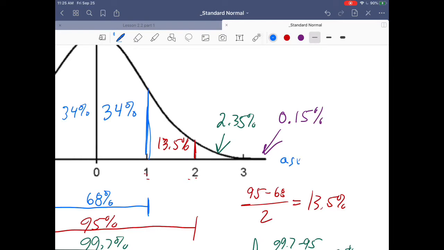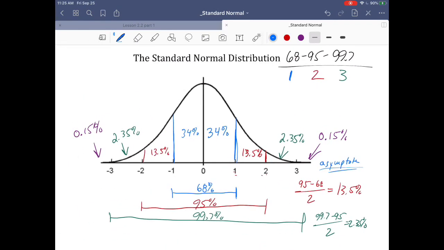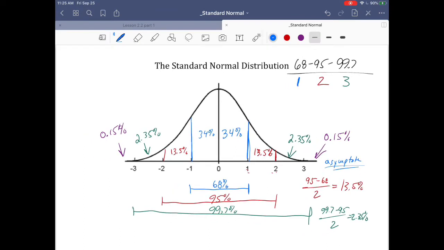There is a horizontal asymptote here because it is always possible for one single data point to fall very, very, very high up the ladder and many standard deviations above the mean. You know, uncommon, but possible. So just understand that there's an asymptote living there. And so that 68, 95, 99.7 rule is going to really set the stage for much of the rest of the year. With that said, let's go ahead and debrief on the important ideas from this lesson.